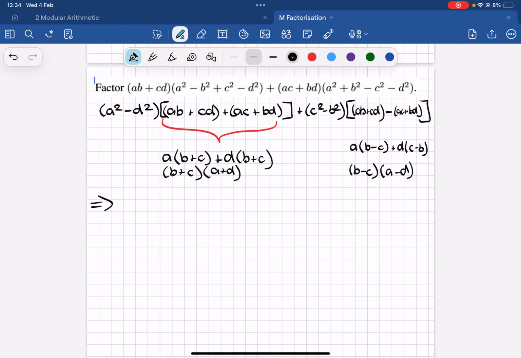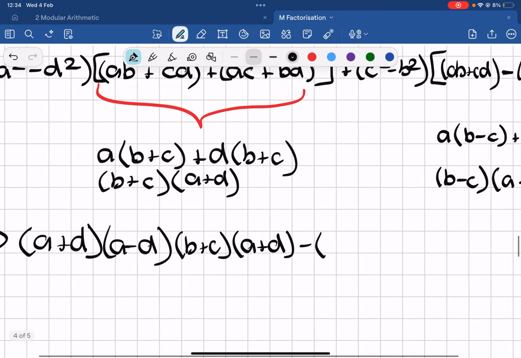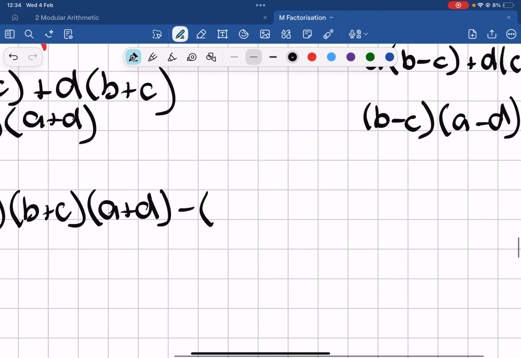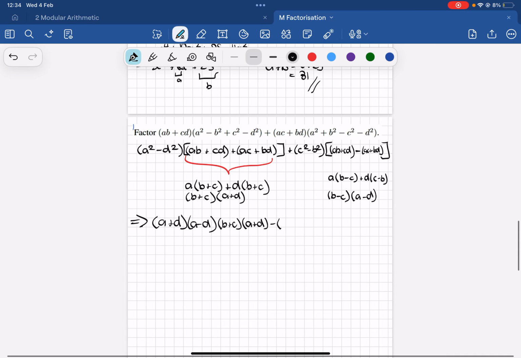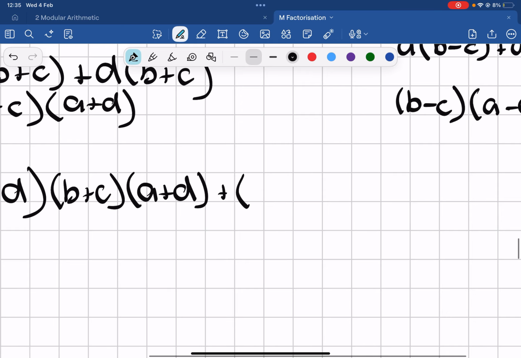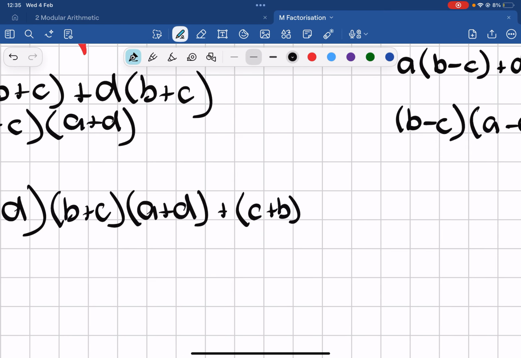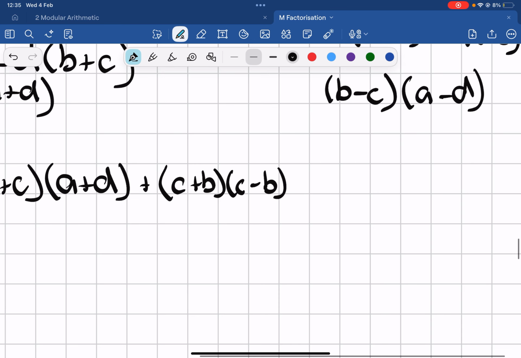So if I rewrite our expression now, a squared minus d squared becomes a plus d times a minus d, and then b plus c times a plus d, minus c squared minus b squared, so plus c plus b times c minus b, and then b minus c times a minus d.